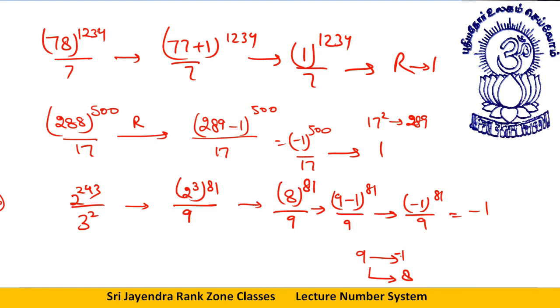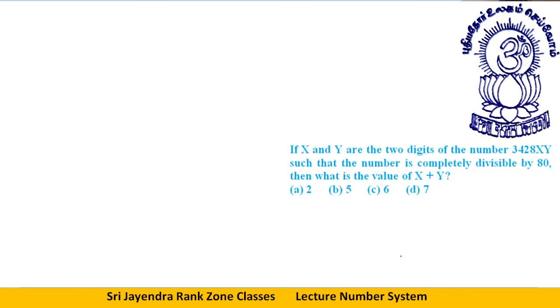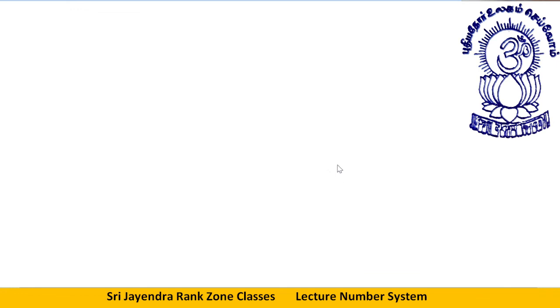Let's take just one more. Then I will wind up the class for this particular topic. The last one is 6 raised to the power 72 divided by 215.